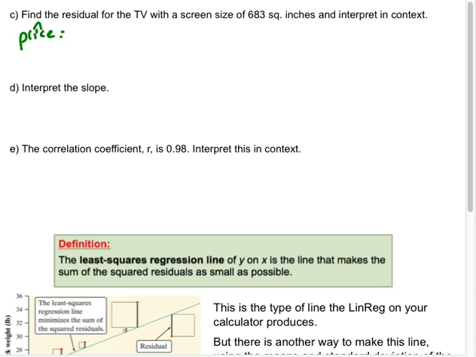So our predicted price is going to be 105.74 plus 0.77 times 683, and just plug that into the calculator. And we are getting $631.65.